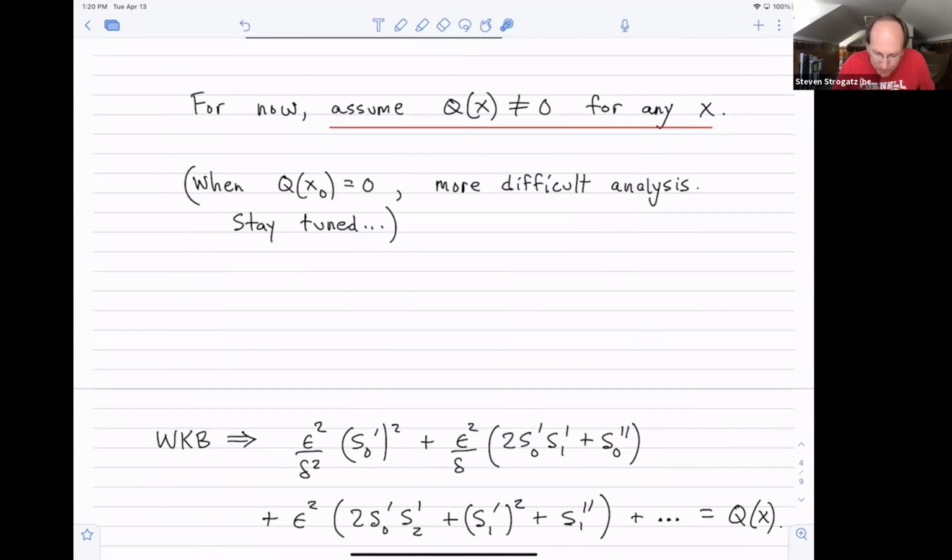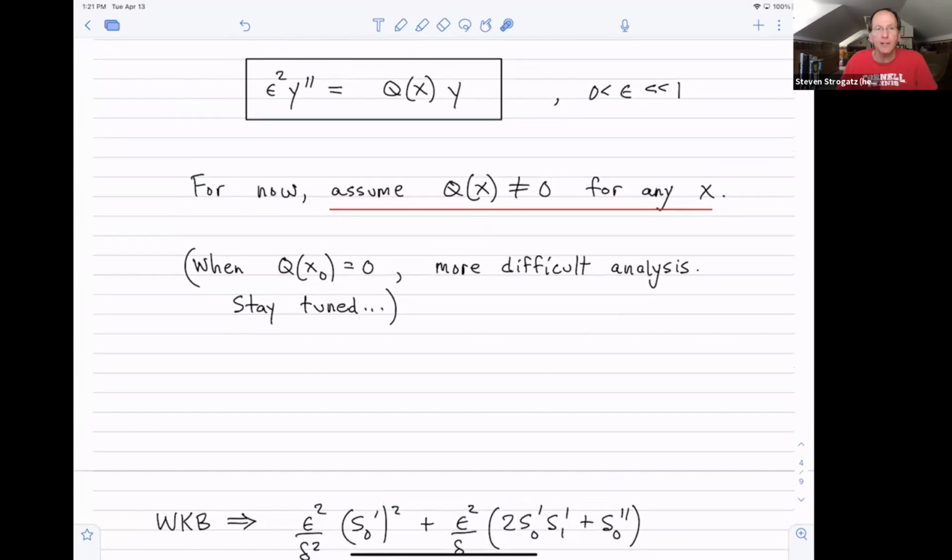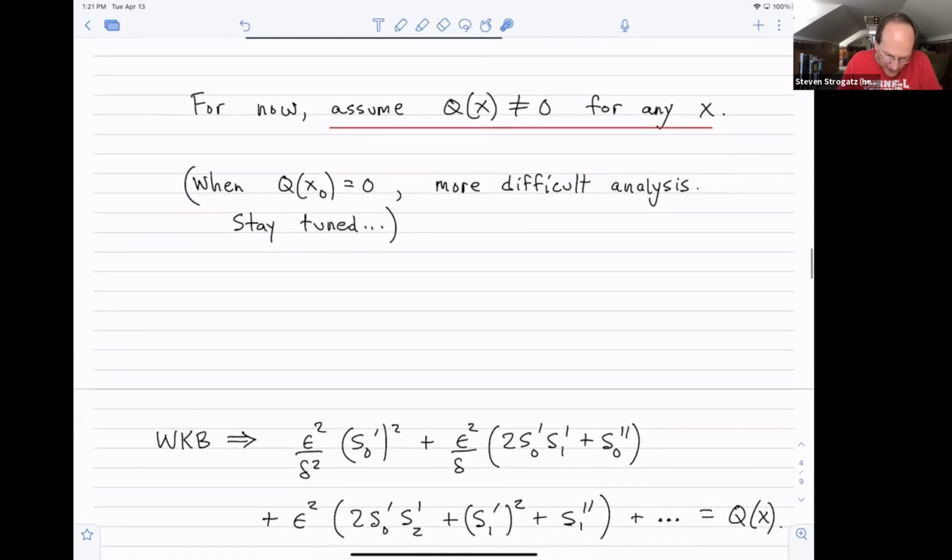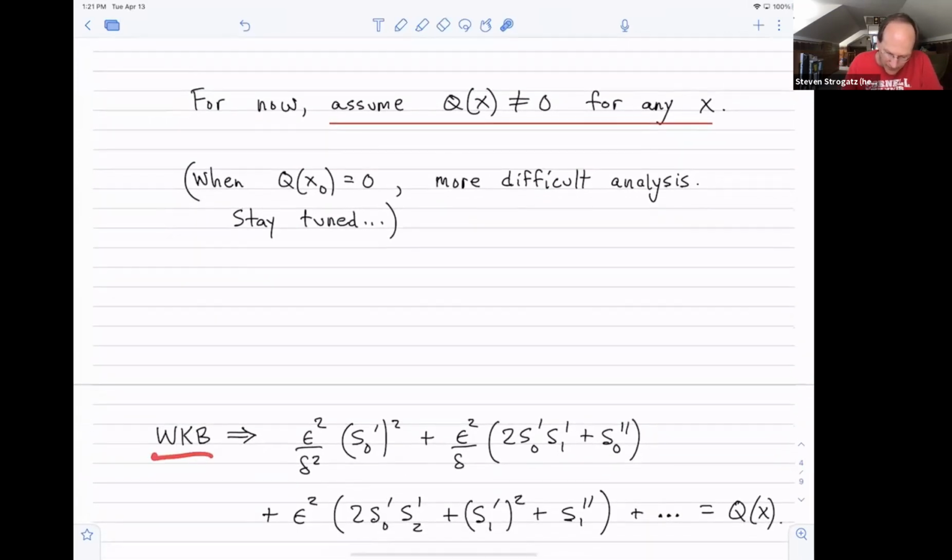All right, so what we want to do to analyze this is substitute our WKB ansatz in there for y and y double prime. When I say WKB implies this, I'm just reading off what I had earlier written down for y double prime. You'll recognize these various terms with their various powers of 1 over delta squared, 1 over delta, and an order 1.